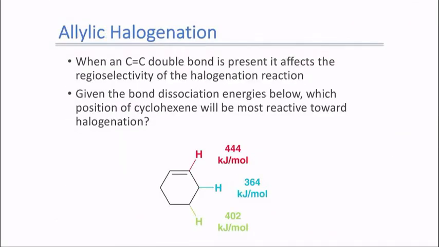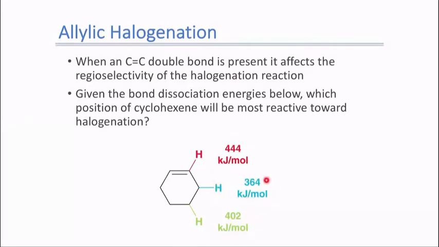So now let's look at one new type of halogenation called allylic halogenation. So when we have a double bond, that's going to affect the regioselectivity of our halogenation. The primary, secondary, and tertiary are no longer the main factors. So instead, if we look at our bond dissociation energies down here, figure out which one would be the most reactive towards halogenation.